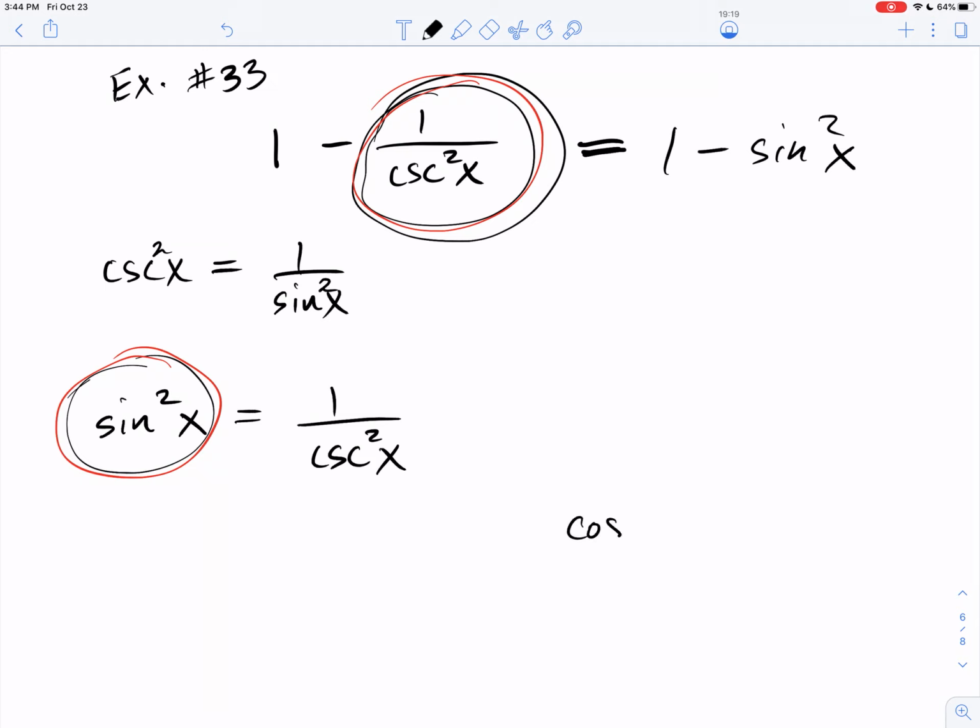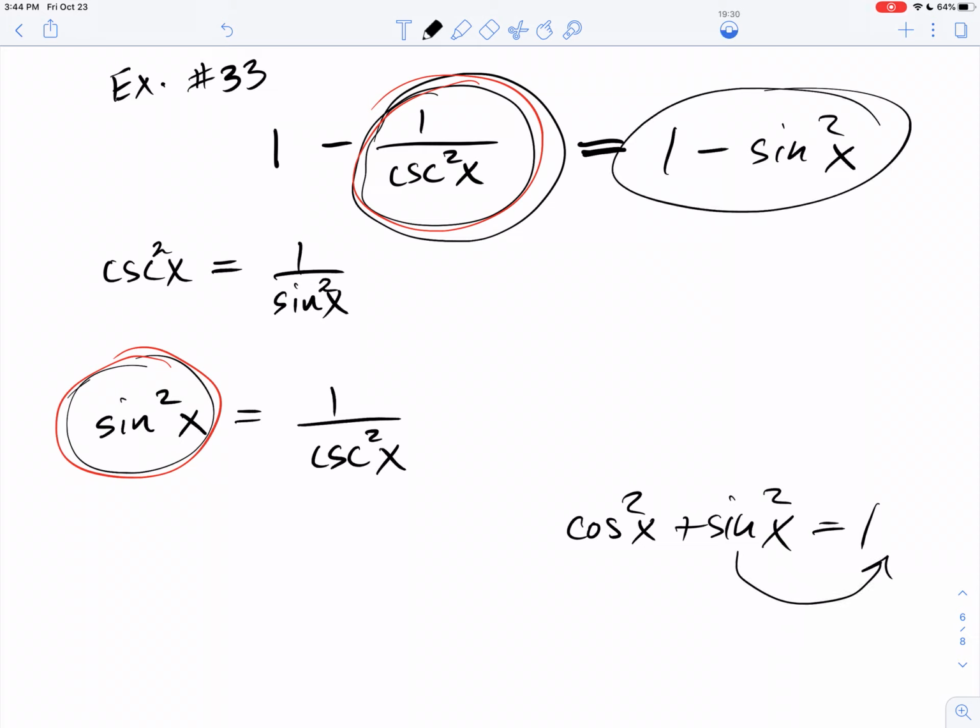But there is something that looks like this in the world. If this was over there, this thing would equal cosine squared x.